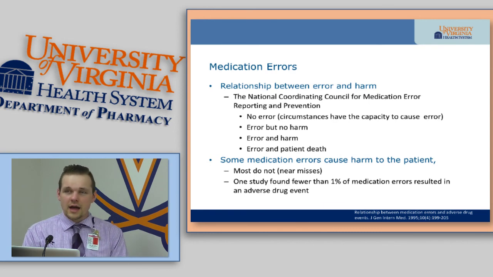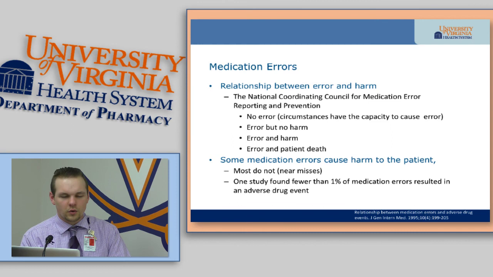Errors might not always happen, but maybe the situation surrounding a process is error-prone or could result in an error. There are medication errors that do not cause patient harm. Errors that do cause patient harm, this might require an increased length of hospital stay for a patient or increased needs of monitoring, as well as errors that result in patient death.